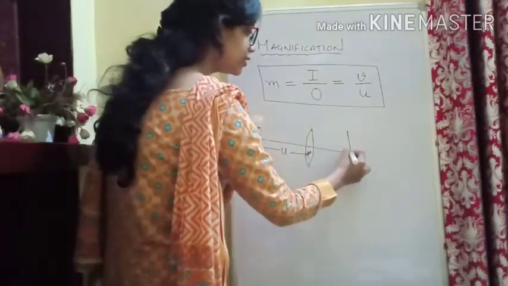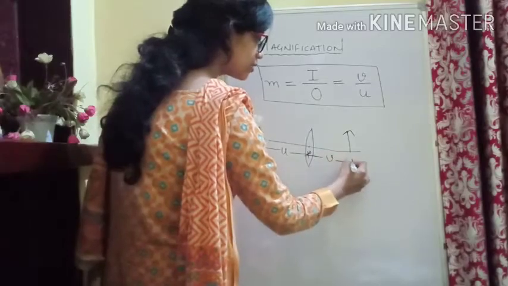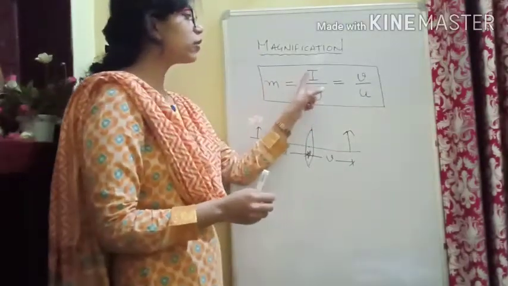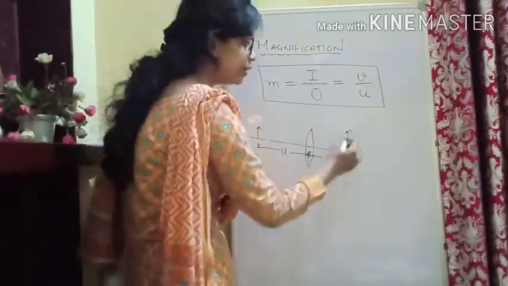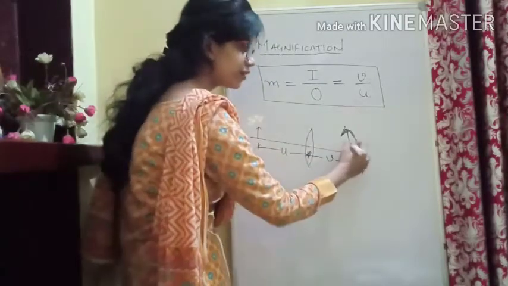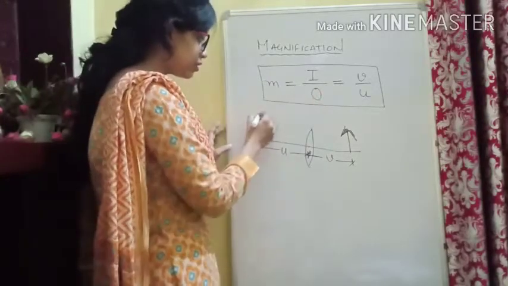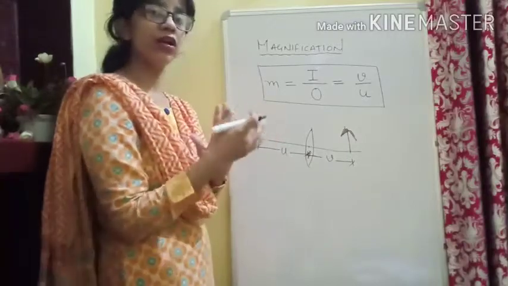Where you are getting the image, that distance is denoted by v. Now if we are talking about I and O, I is the height of the image, like whether it is magnified or diminished, and O is the height of the object, that means the size of the object. So I hope you all are understanding.